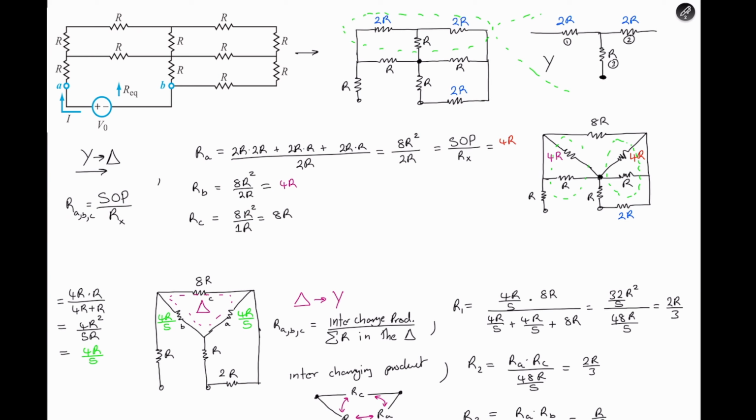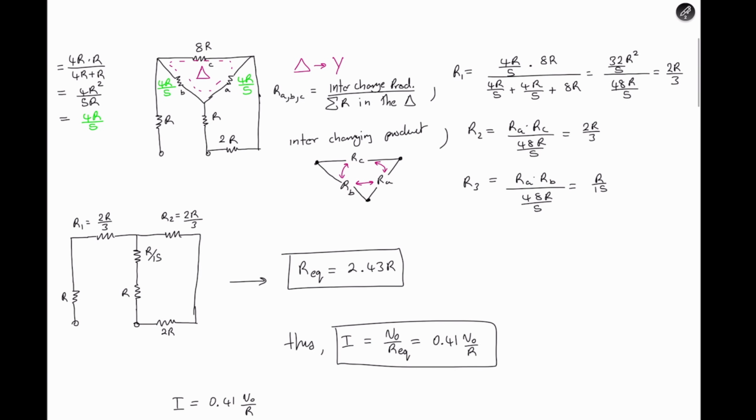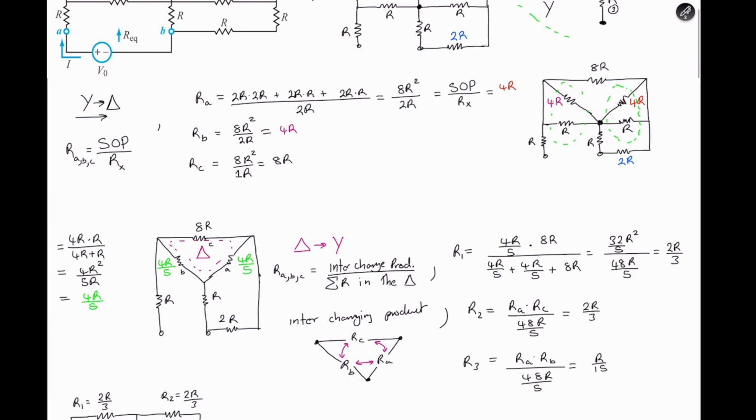We see that the circuit can be simplified a little bit more. So in this case, scroll down a little bit, and we see that, let's go back up. We see that this 4R and R is in parallel and this is in parallel. This is because both ends of the resistor are connected to the same terminal.